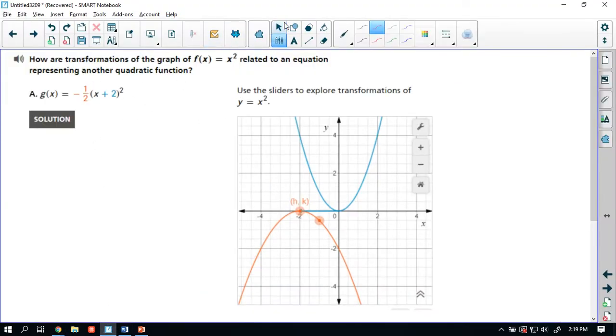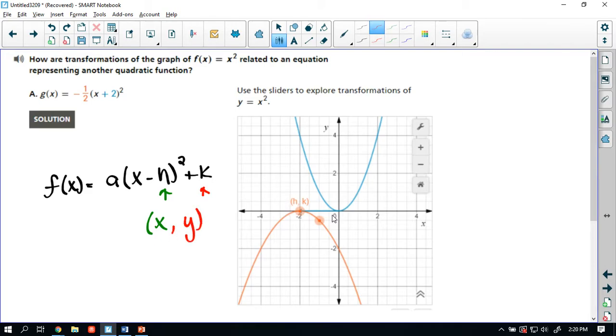This function is, as we talked about in the vocabulary terms, a transformation a(x minus h) squared plus k, where the h was your x value and the k was your y value for the center of your graph, for this point, like right there.